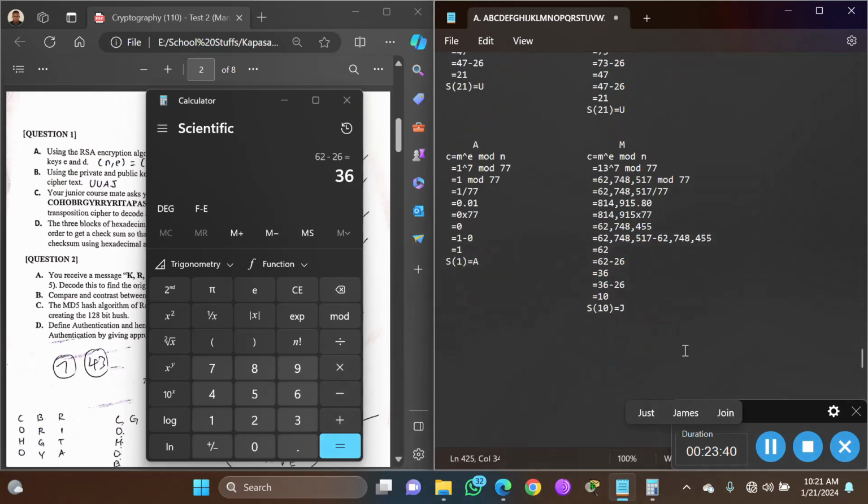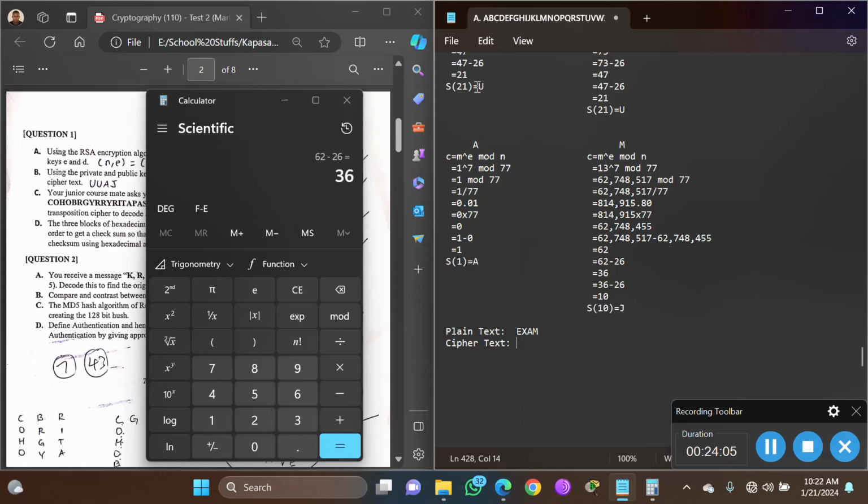Okay, now we need to conclude by saying plain text, then cipher text. Our plain text, which was the word exam, is equal to this cipher text.